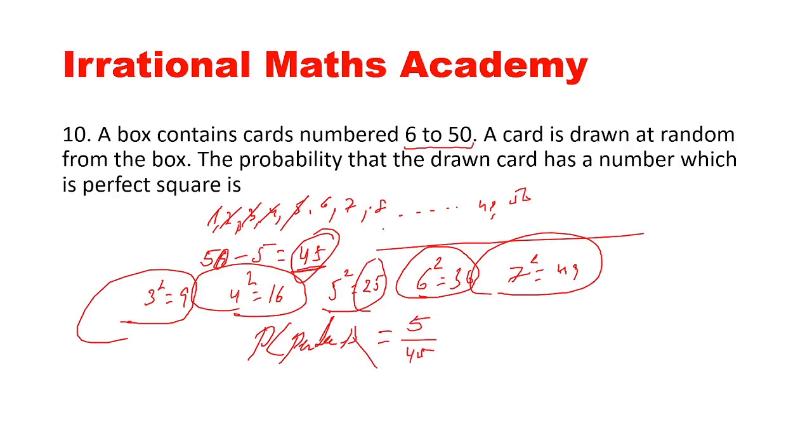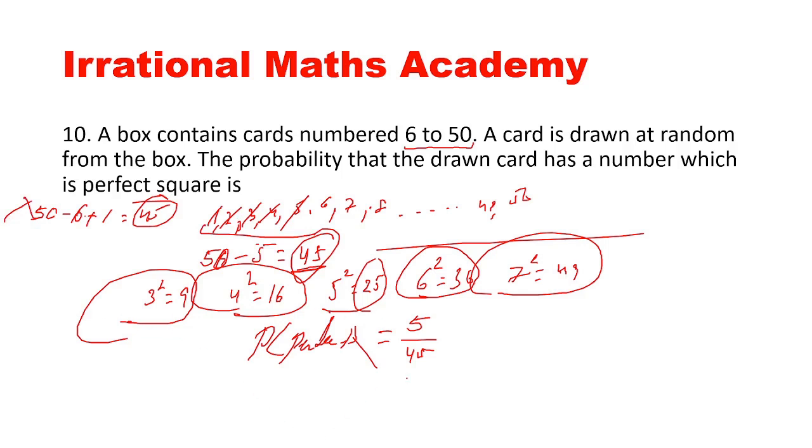What they'll do is 50 minus 6, and they'll write it as 44, which is not the correct answer. So what you need to do is 50 minus 6 plus 1, you'll get the same thing. If you are not clear about this one, follow the method I told.